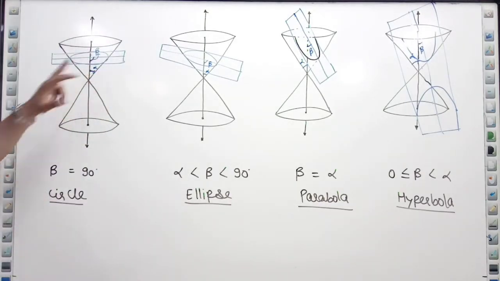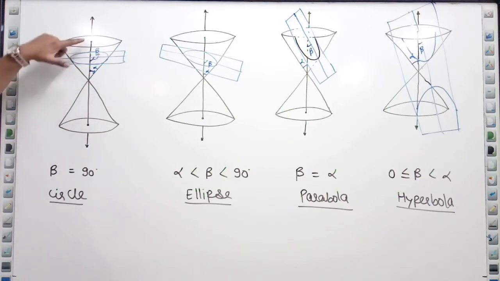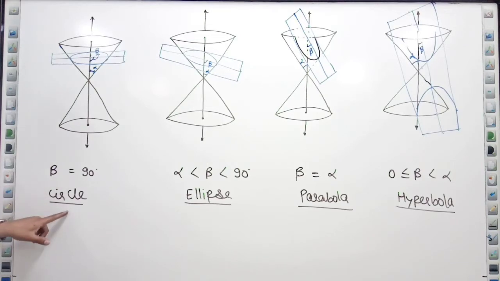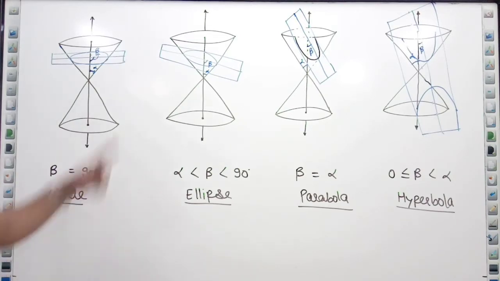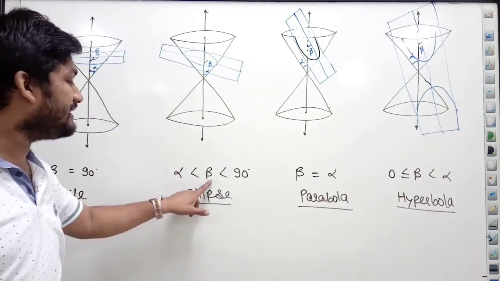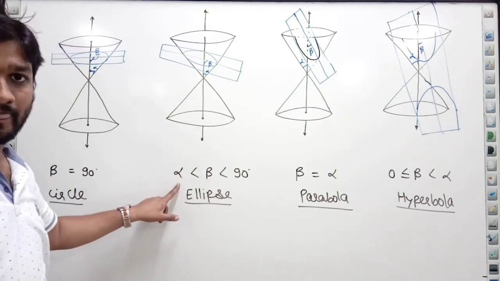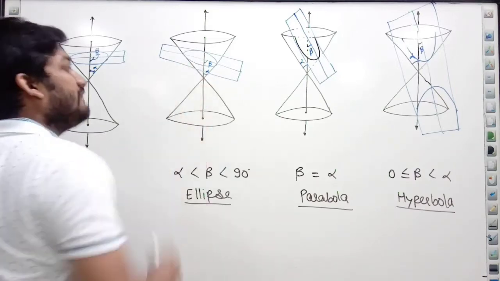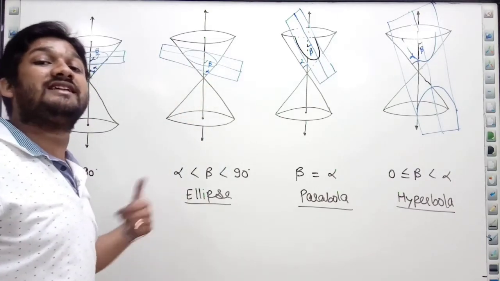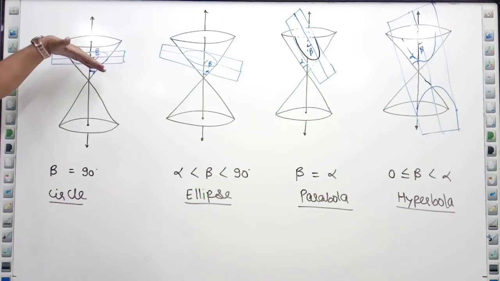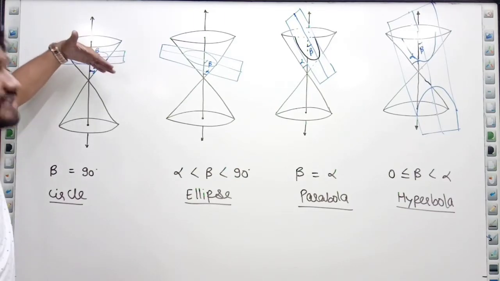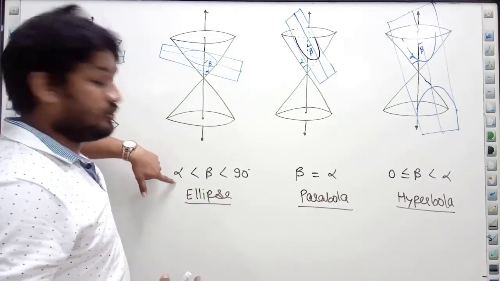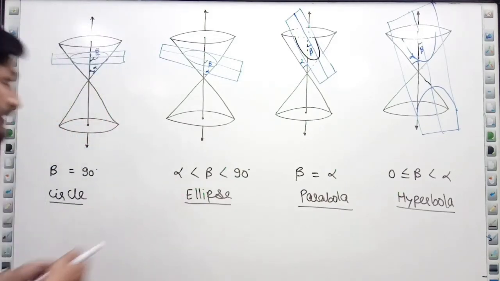Now if you cut parallel to the base, or say beta is 90 degrees, you will get a circle. Now if beta is greater than alpha and less than 90, मतलब ये जो बीटा की वैल्यू है अल्फा से तो ज्यादा है, but it is less than 90, मतलब थोड़ा सा हमने कम कर दिया, slightly we have reduced the angle, less than 90 but greater than alpha, so we'll get an elliptical shape, right?